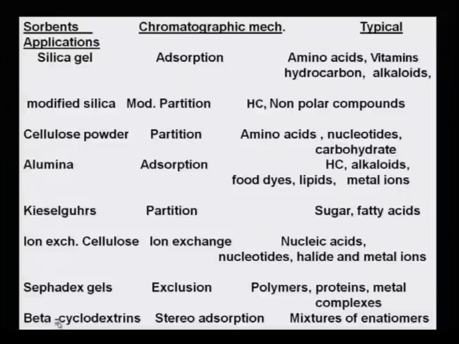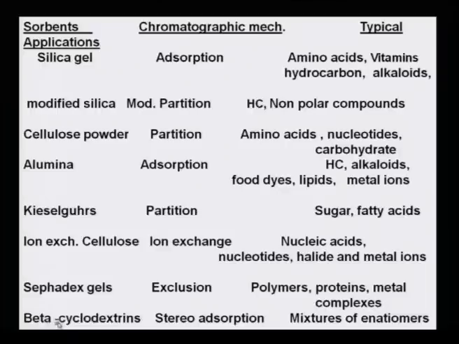Silica gel, the mechanism that is carried out is adsorption, and the types of compounds that can be separated using silica gel are amino acids, vitamins, hydrocarbons, alkaloids, and many more organic compounds.